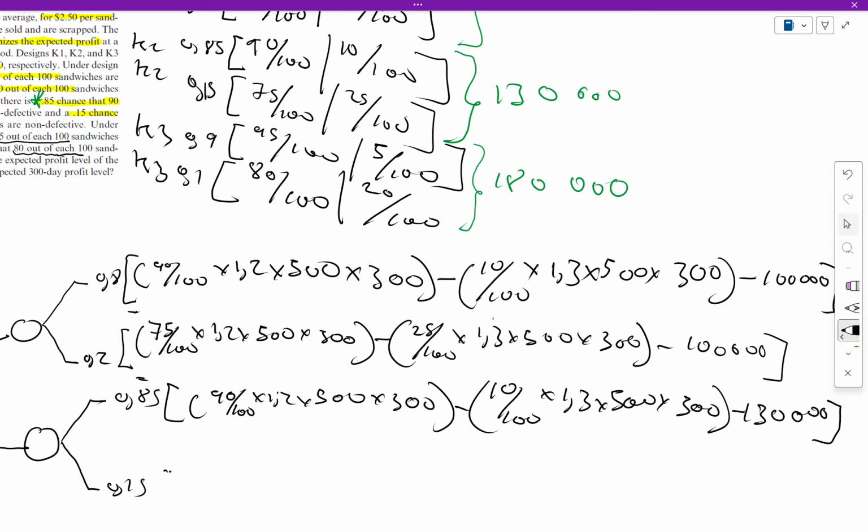Then come here, open the big bracket, small bracket, and you say 75 over 100 multiplied by 1.2 multiplied by 500 multiplied by 300, close bracket, minus. I think this one, if it's 75, that means it's 25 again. But I need to be assured of something.